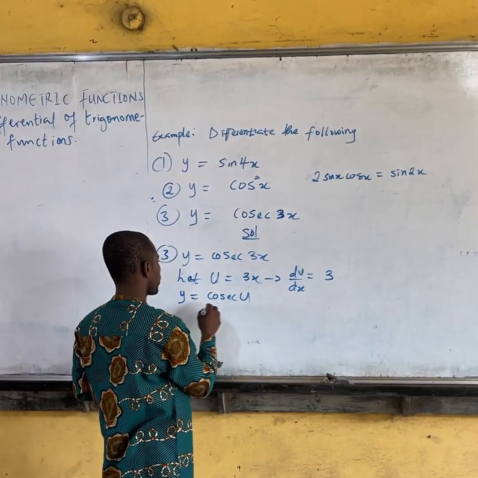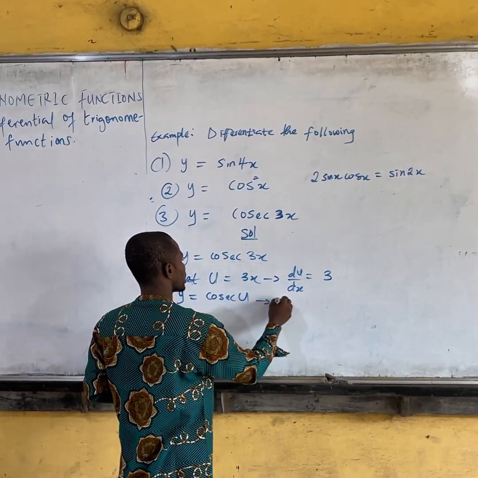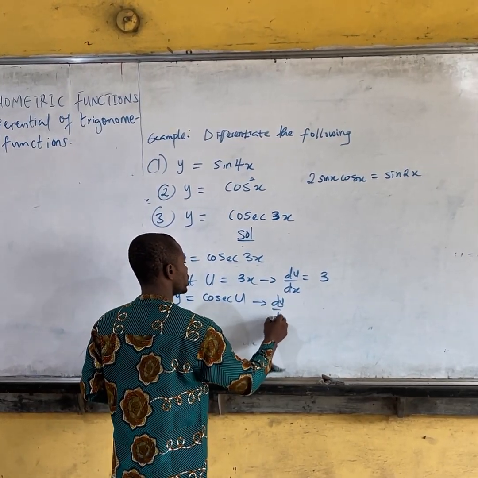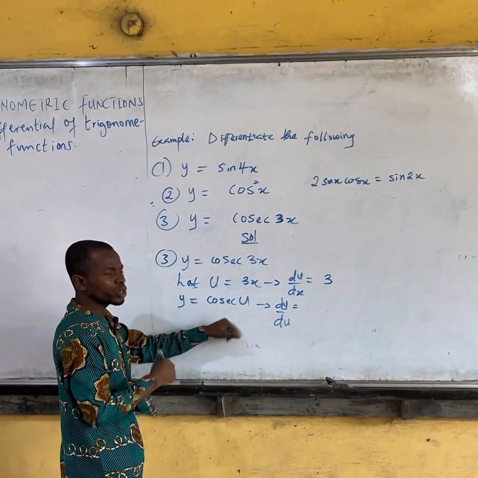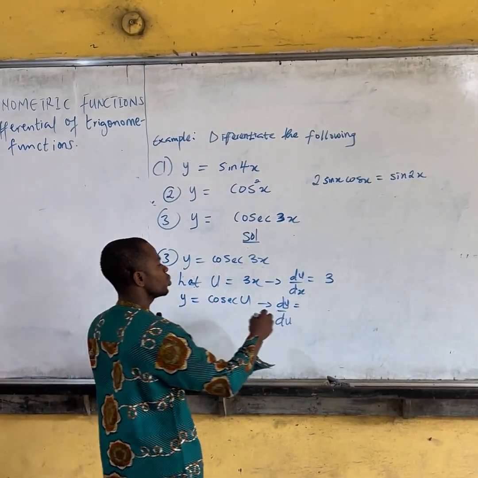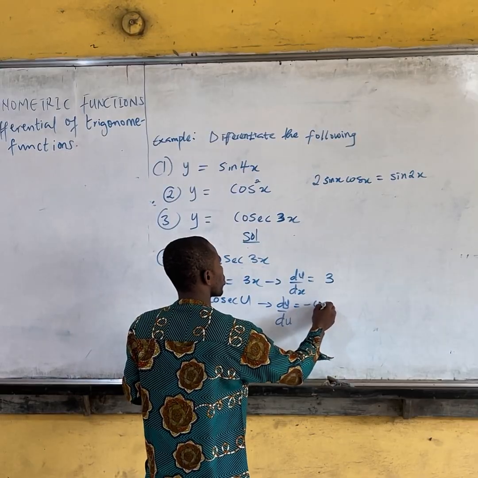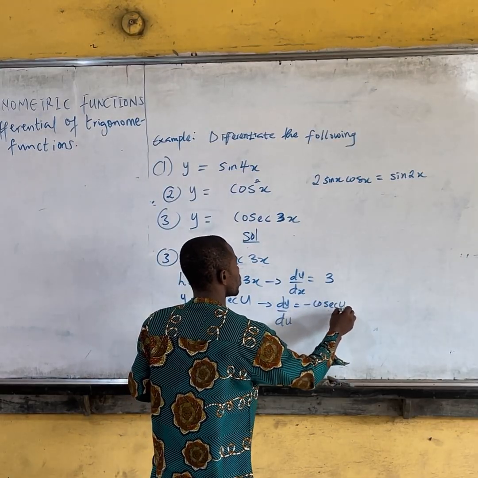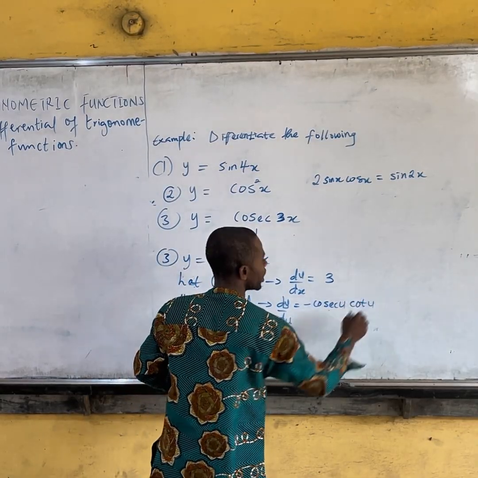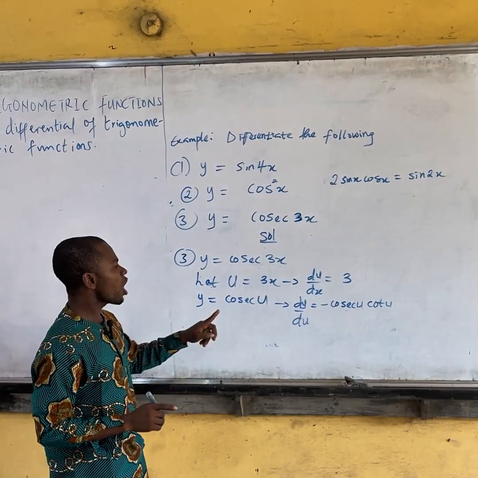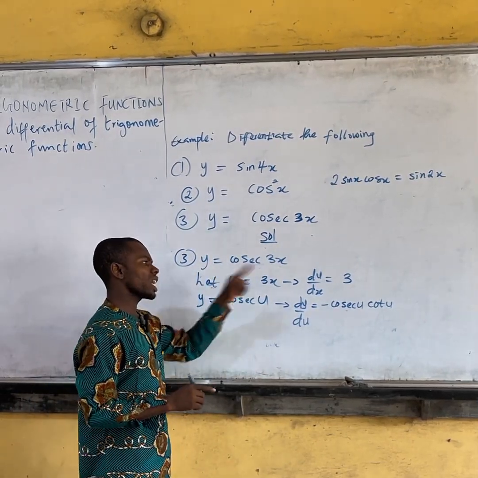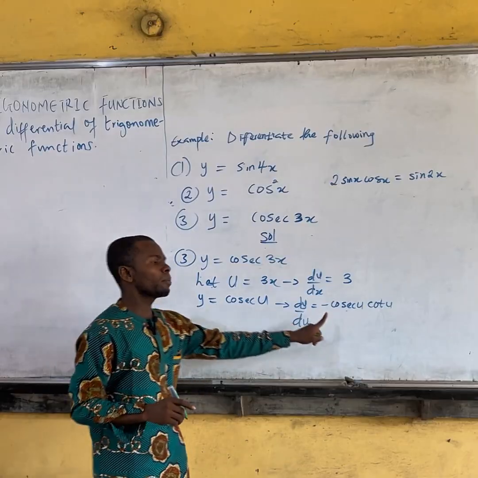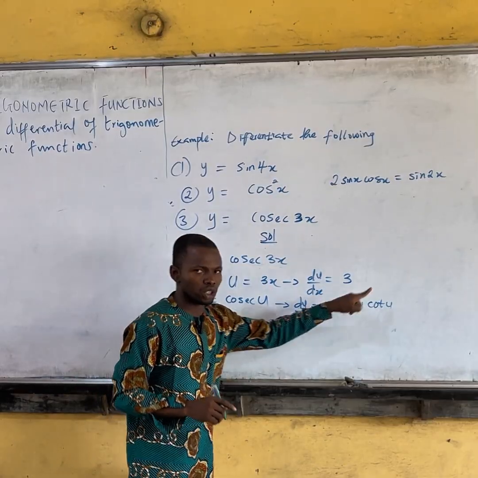So from here, I can generate dy over du. If you observe now, it's non-standard, cosec u. So differential of cosec u will give us minus cosec u cot u. Please don't make a mistake. For x, differential of cosec x is minus cosec x cot x. But for u, it will be minus cosec u cot u.